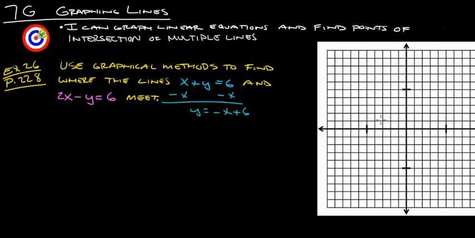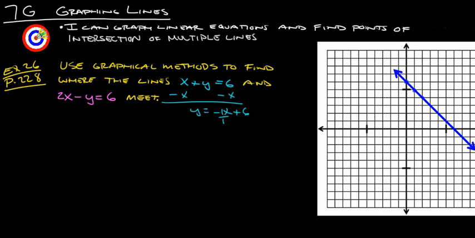So if I go to graph that, I go up 6 as my first point, and then that's negative x, so that's really negative 1/1. So now I'm going to go down 1/1, down 1/1, and so forth and so on. And there's my line.